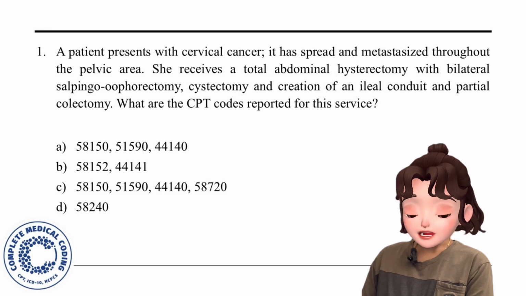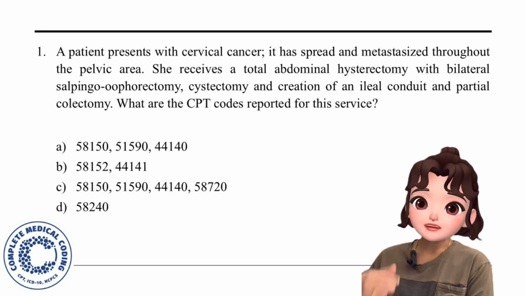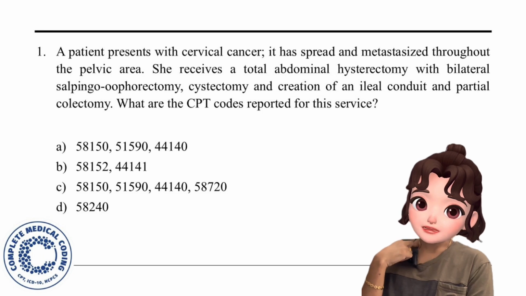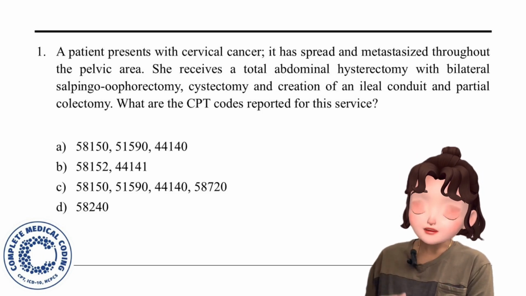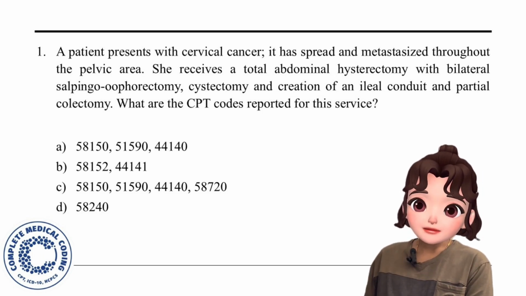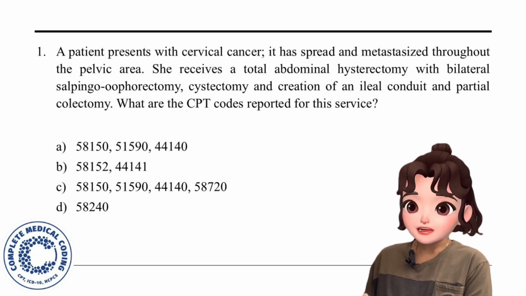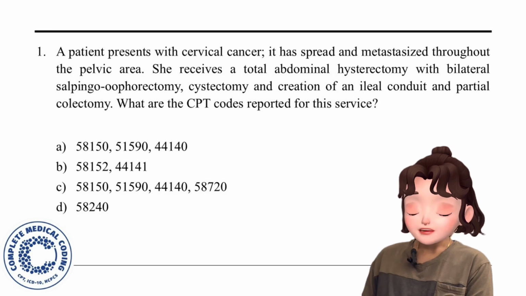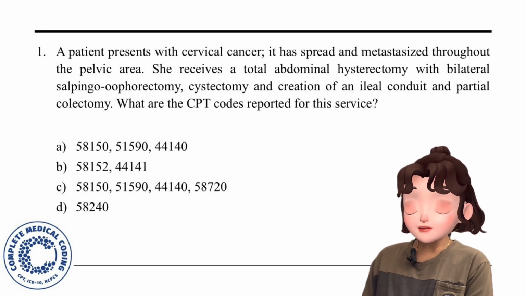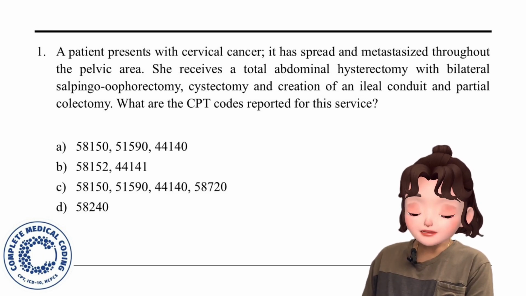Abdominal hysterectomy is there. Then with or without removal of ovary and tubes, that means salpingo-oophorectomy is there too. Then with removal of bladder, cystectomy is there.